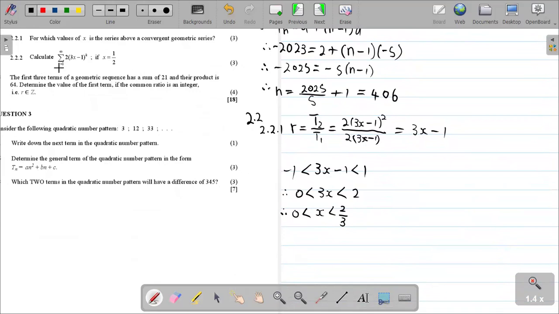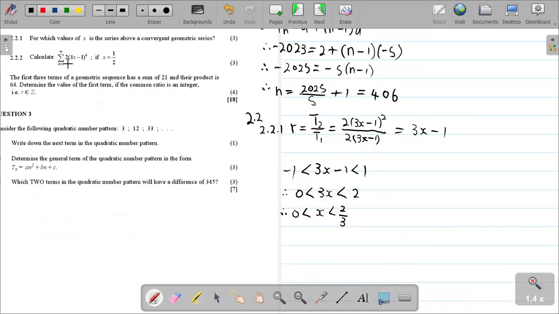Calculate the sum from 1 to infinity of 2 into 3x minus 1 to the exponent k if x equals a half. So they say x equals a half here, okay?